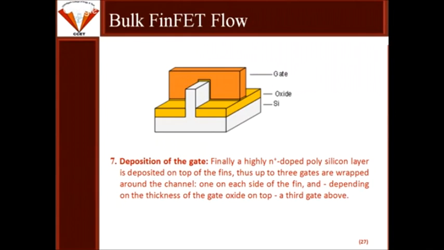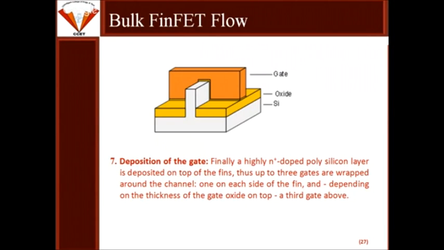After that, there will be the deposition of the gate all around this fin, and finally a highly N+ doped polysilicon layer is deposited on top of the fins. Thus, up to 3 gates are wrapped around the channel, one on each side of the fin, and depending on the thickness of the gate oxide on top, a third gate above.